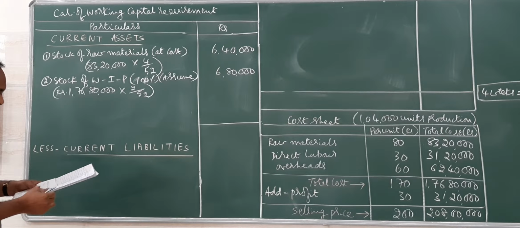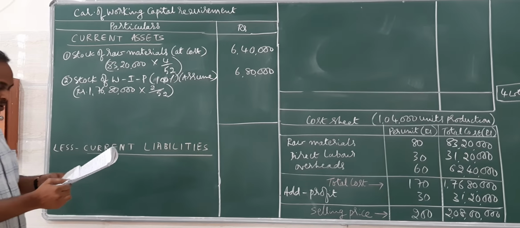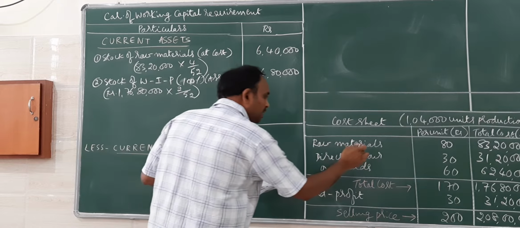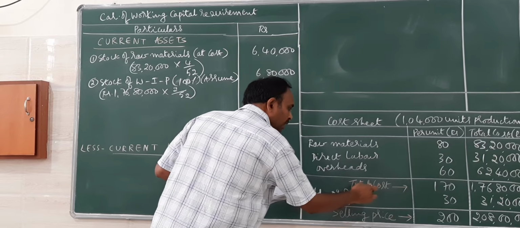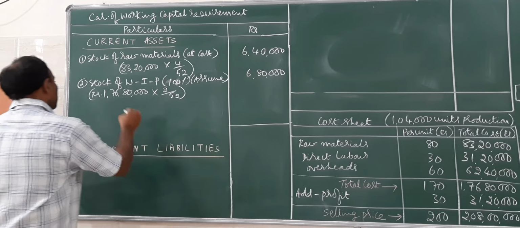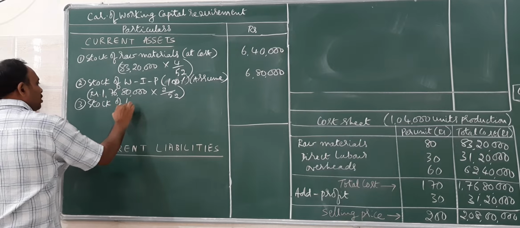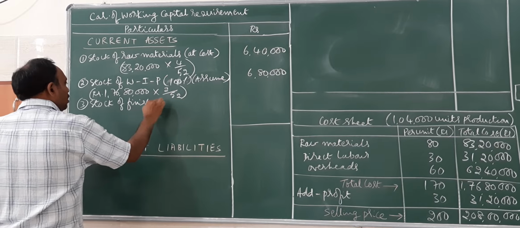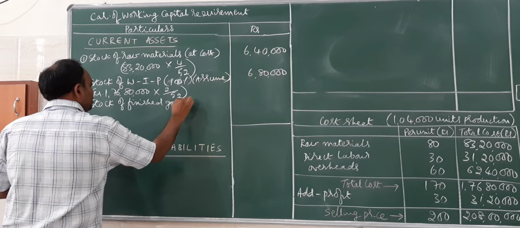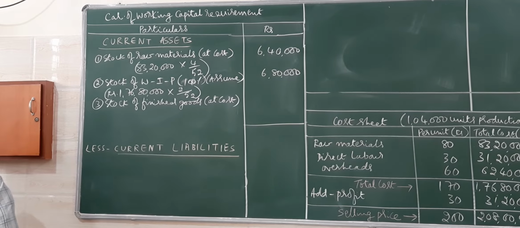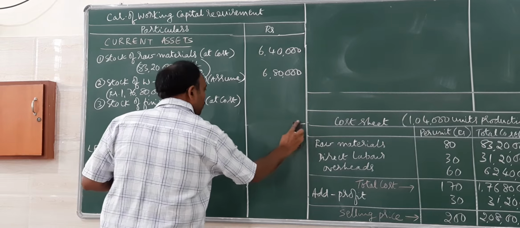Then the next one is finished goods are in stock on an average of 1 month. Finished goods again means all the elements should be there, then only it becomes a finished goods. The stock of finished goods is also current asset. At cost only we are going to take this also.